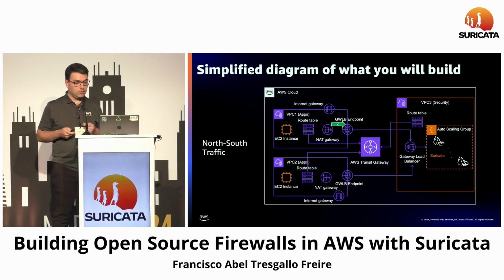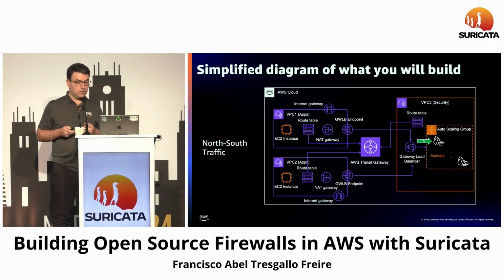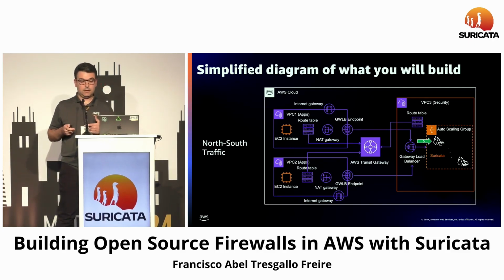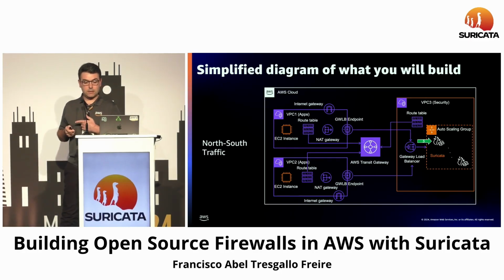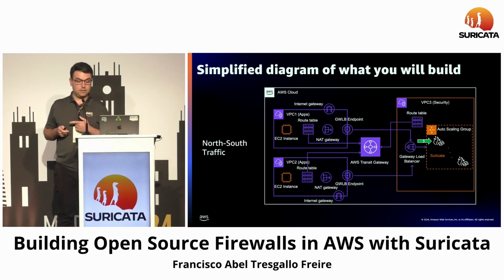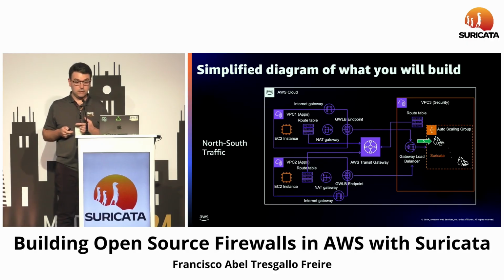In this case, the magic starts to happen because the packet, let's think about a TCP SYN packet, for instance, for simplicity, is going to arrive through the Gateway Load Balancer to the fleet of Suricata firewall instances running in EC2.